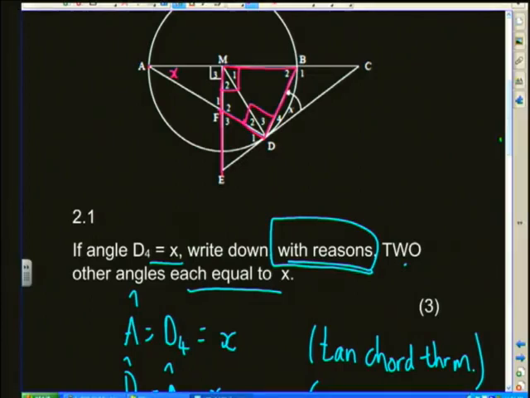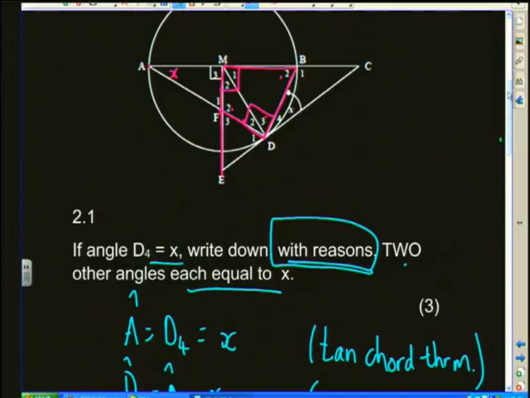If they happen to be supplementary, which they are, then I can say that FMBD is a cyclic quad because opposite angles are supplementary. You could work with B2 and F2, but that's going to be much harder to show, so we're going to go with angle M and D in quadrilateral FMBD.